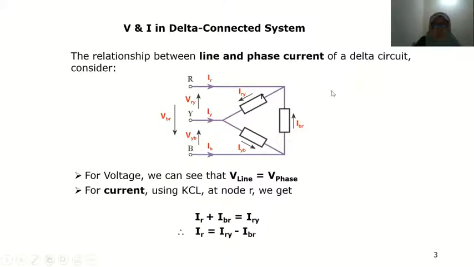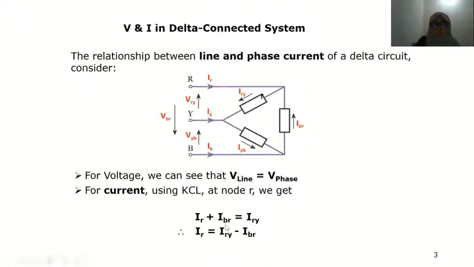Your IR is your line current, and your IRY is your phase current. Since the line voltage is equivalent to the phase voltage, we now consider the KCL for the current.